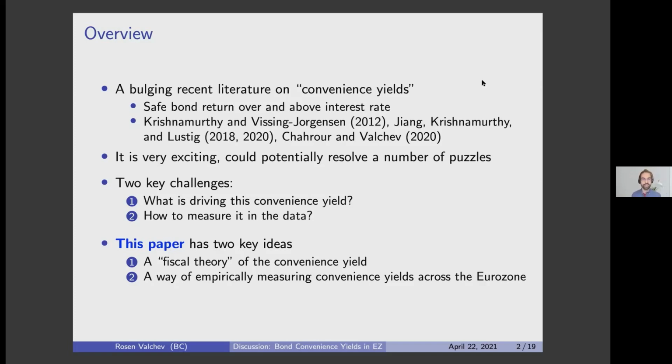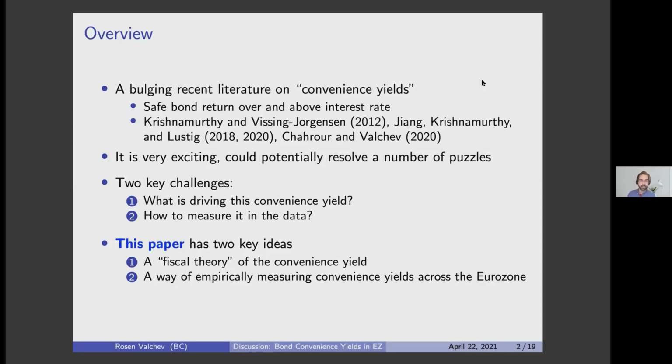What exactly is it? What is driving it? I think that's a big and interesting question. And number two, relatedly, because we don't exactly know which mechanism is responsible, how do you measure it in the data? That's a related but separate concern.